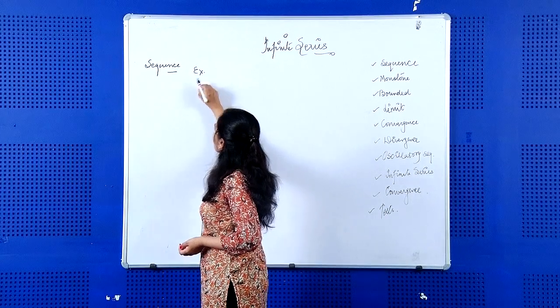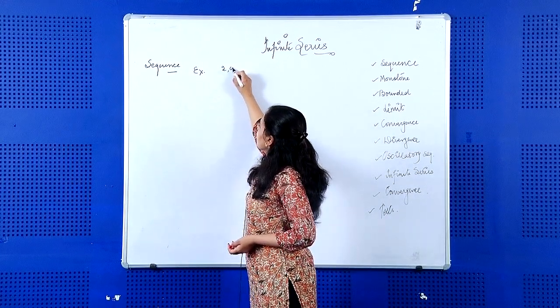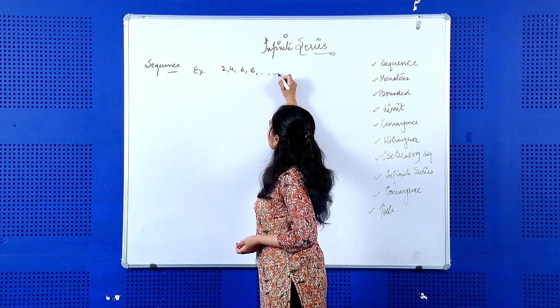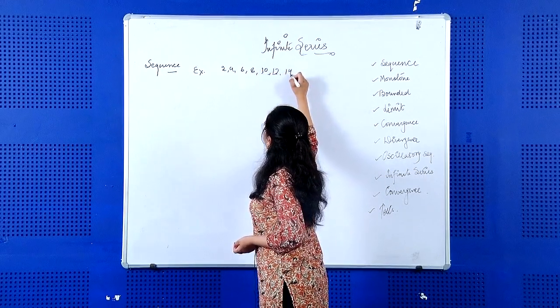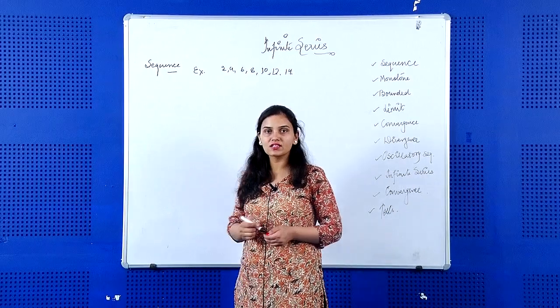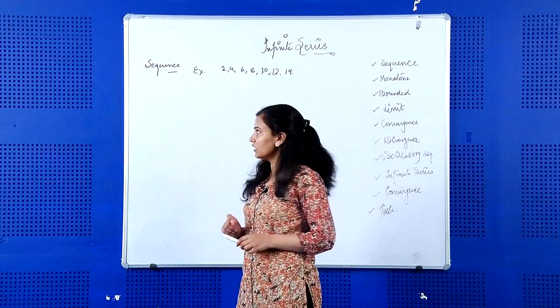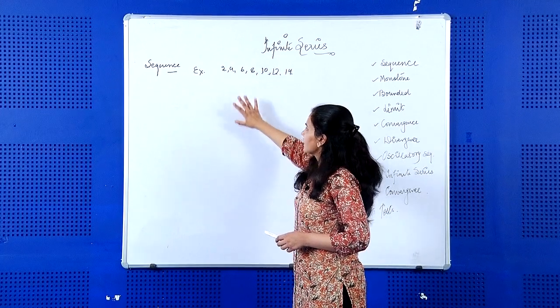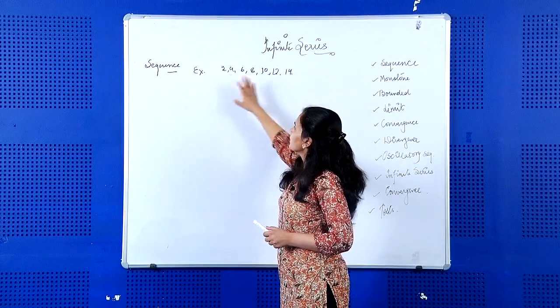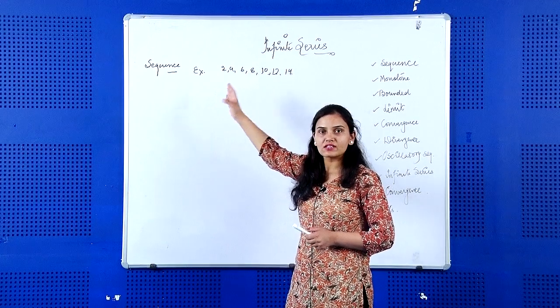Let's begin with an example. Let's say we have 2, 4, 6, 8, 10, 12 and 14. So this is an example of a sequence. A sequence is a set of real numbers which follow a certain pattern. This sequence follows a certain pattern where we can see the common difference is 2.